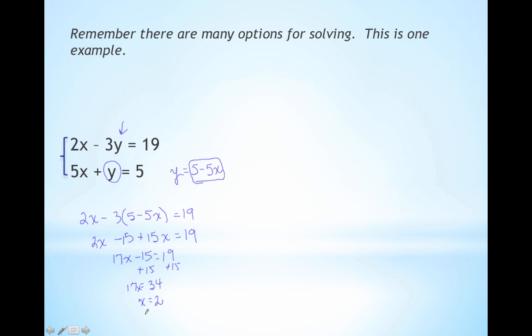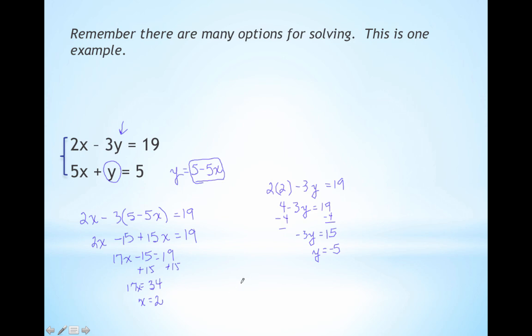So I have the value of one of my variables. I'm going to plug that back in. So I've got 2 times 2 minus 3y equals 19. So I can solve for y. And my y is -5.